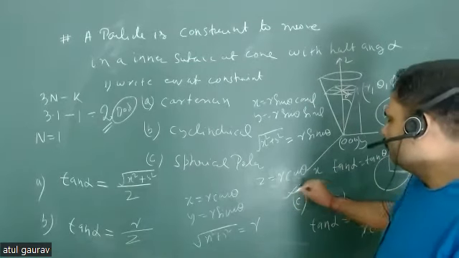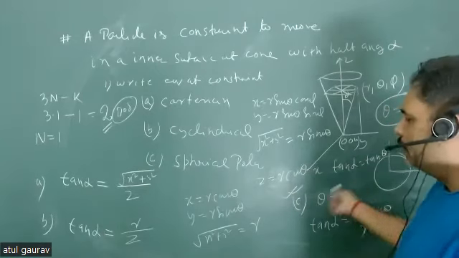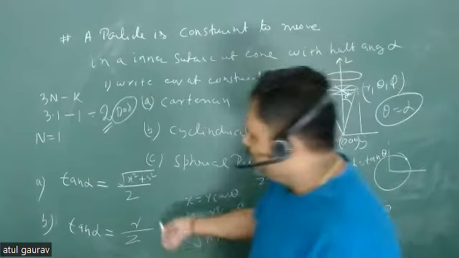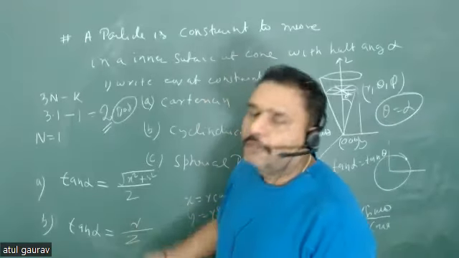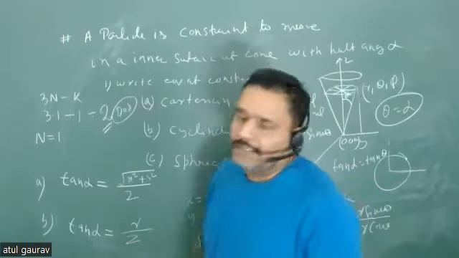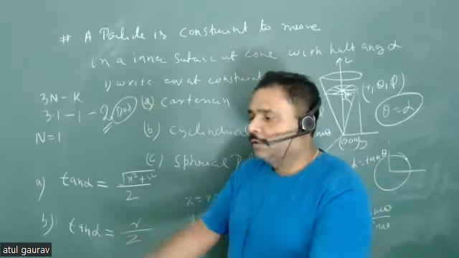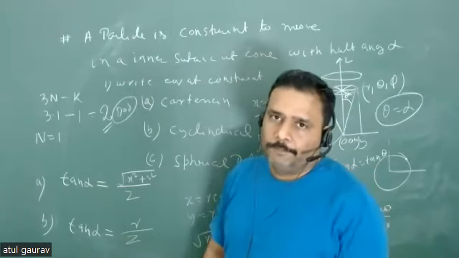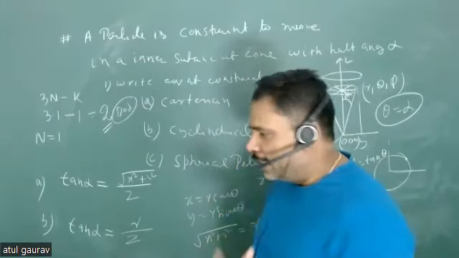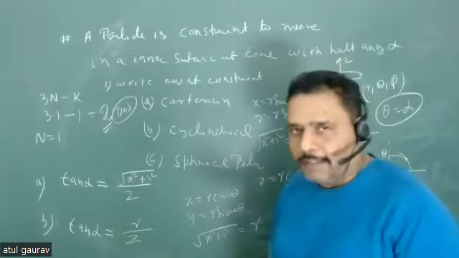Obviously, we will go for the spherical coordinate system because it is written in a very simple form. Here only one variable is used. For a cylindrical system, 2 variables are used to describe the configuration. But in a Cartesian coordinate system, we are using 3 different variables. So obviously it is also my choice. I will also go for spherical polar coordinates as the best coordinate system.